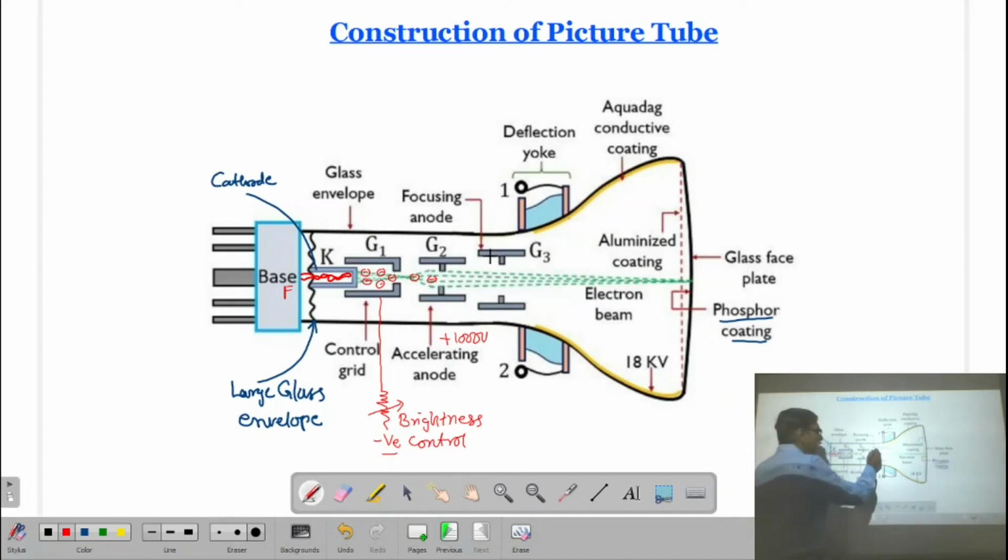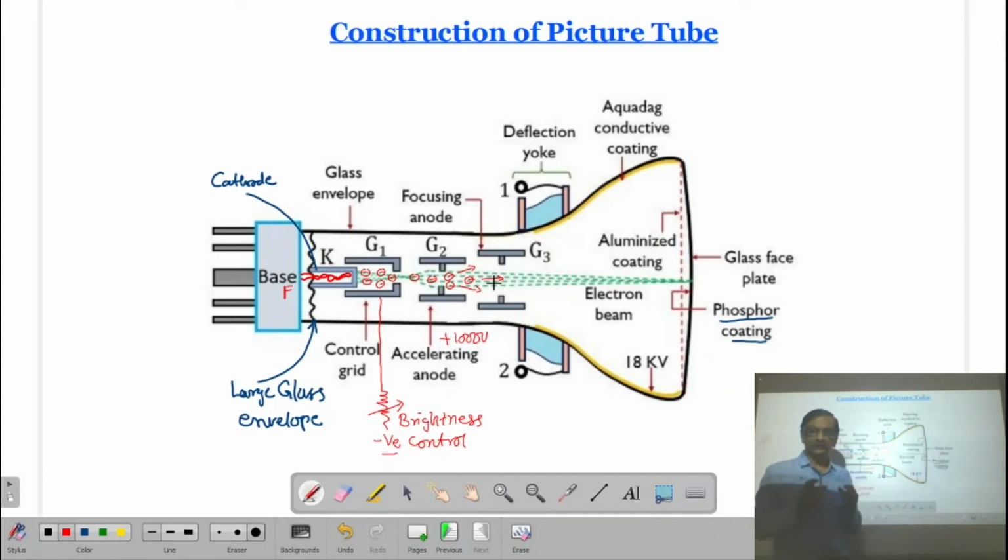Then we have a focusing anode. Whatever electrons are coming out, one electron is moving in this direction, another electron is moving like this, and a third is moving like this, because they are scattered and moving in different directions. But if you produce a sharp electron beam, only then can you have a sharp picture on the screen.